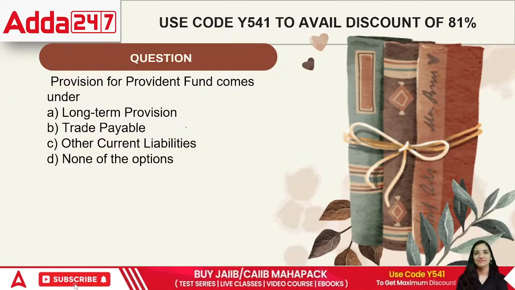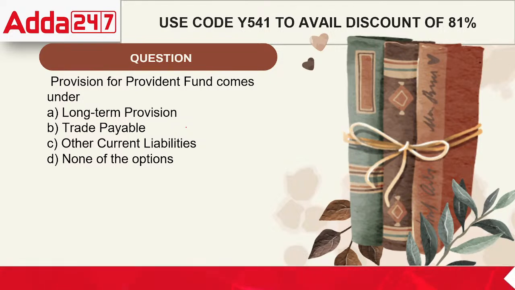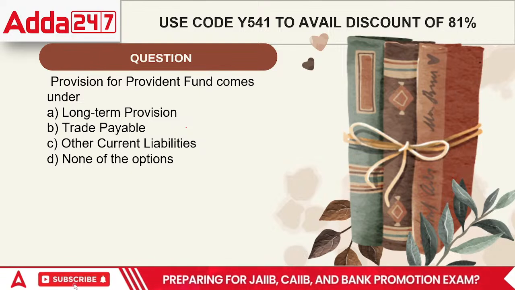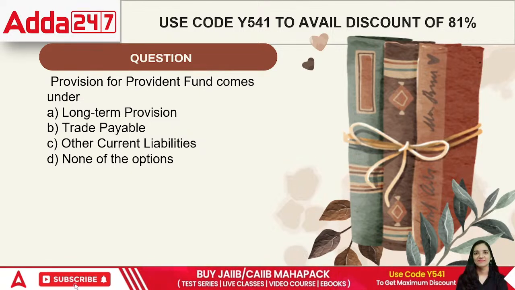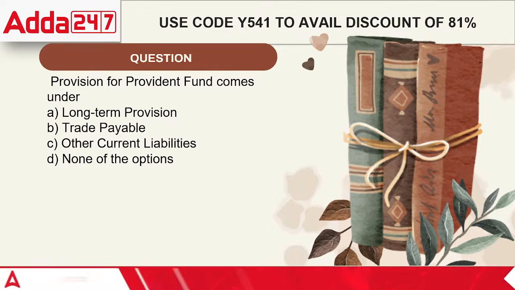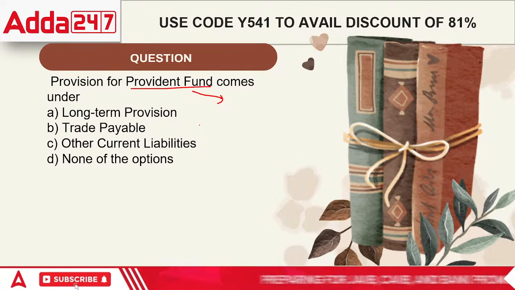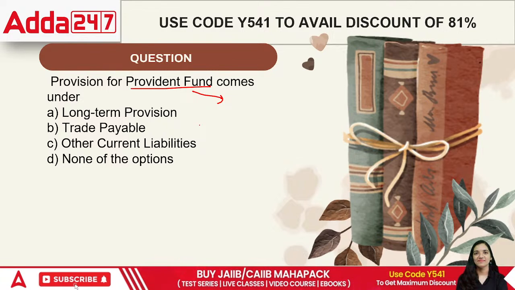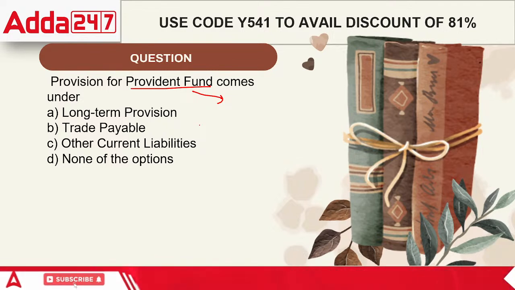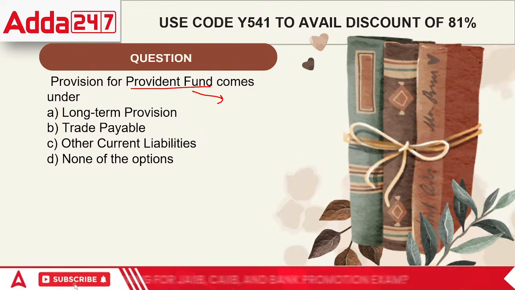Next question. If I talk about the provision for provident fund, what does it come under? Long term provisions, trade payables, other current liabilities, or none of the options. Provision for provident fund is basically a provision that we make for our employees.